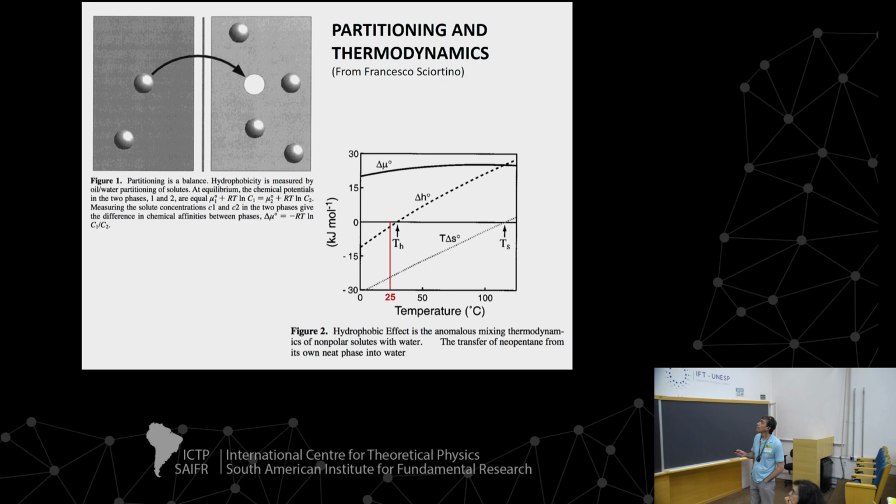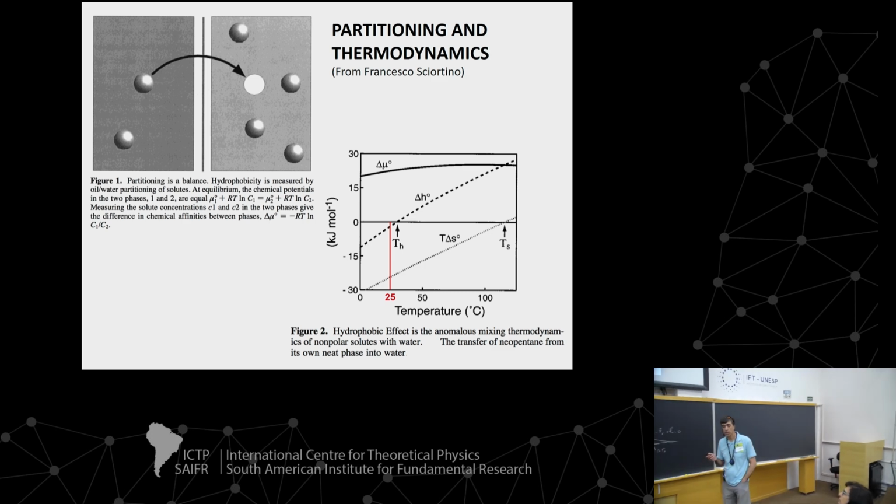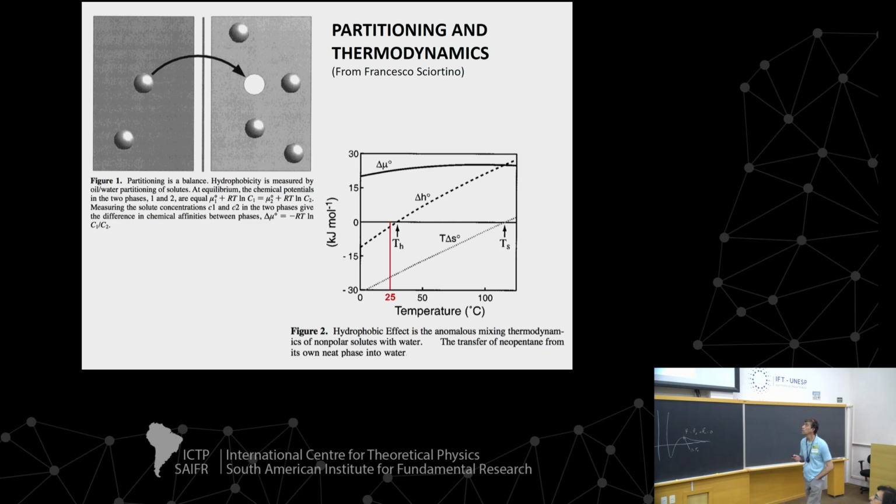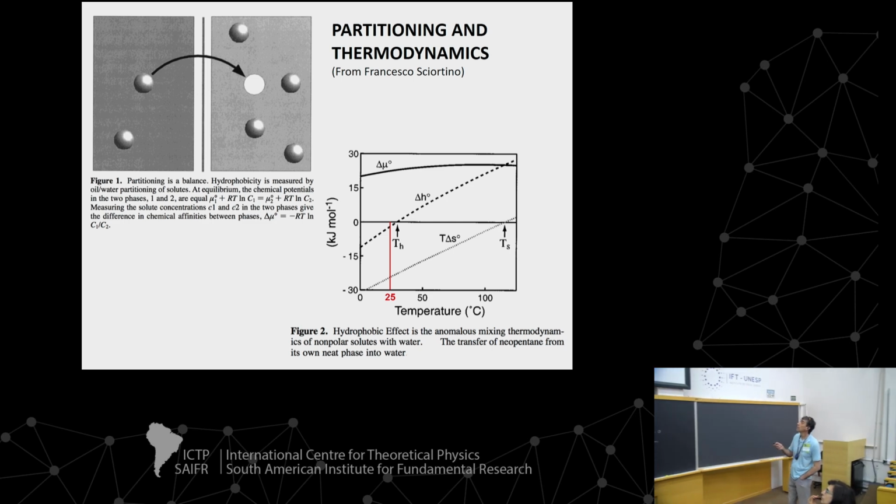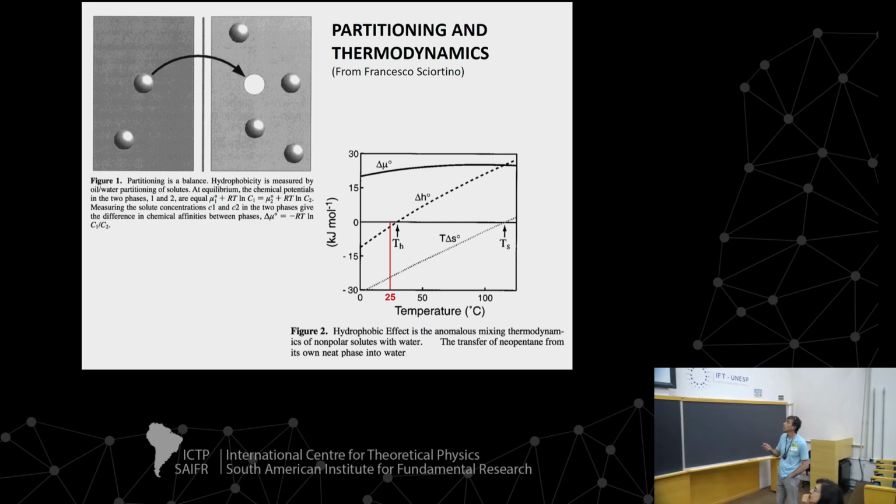This is always positive. Again, the systems have very little solubility in water, but this changes with temperature. This is the entropic term, which of course increases with increasing temperature, and this is the enthalpic term.